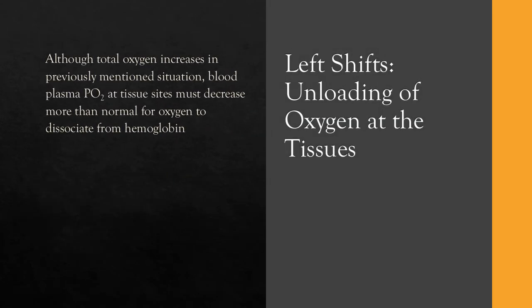Although total oxygen increases in the previously mentioned situation, blood plasma PO2 at the tissue sites must decrease more than normal for oxygen to dissociate from the hemoglobin. It's harder for that oxygen to get off of the hemoglobin. It takes more.